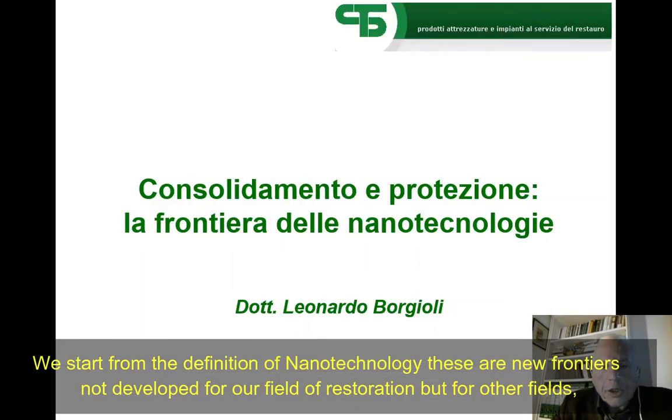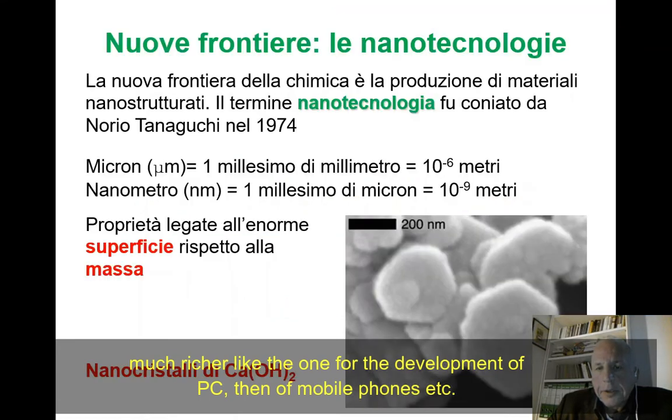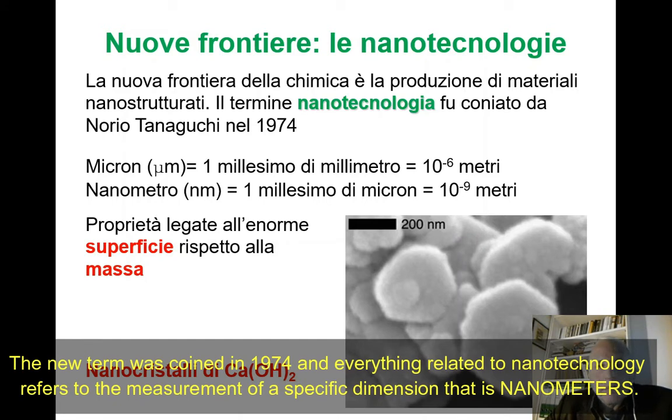So we start from the definition of nanotechnology. These are new frontiers not developed for our field of restoration, but for other fields, much richer, like the development of PC, then of mobile phones, etc. The new term was coined in 1974, and everything related to nanotechnology refers to the measurement of a specific dimension, that is, the nanometer.